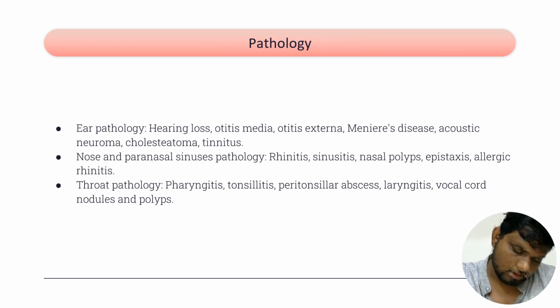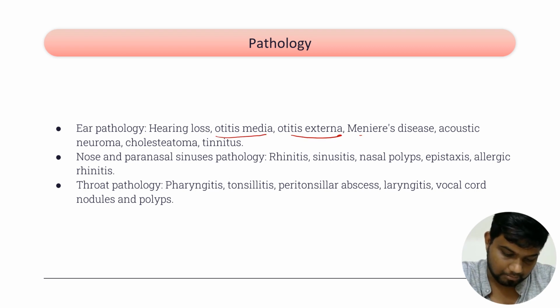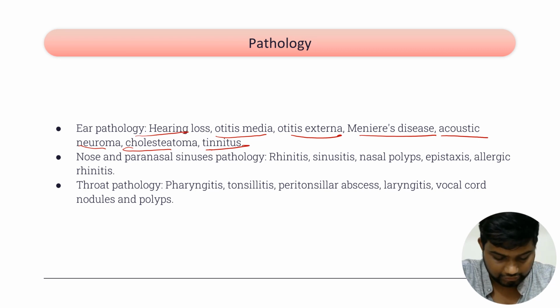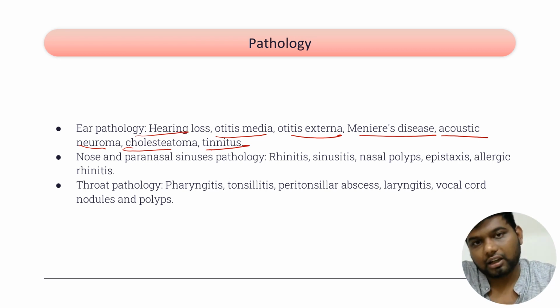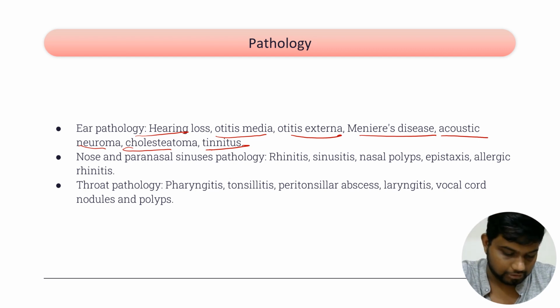Okay, then you have the pathology. Speaking about the pathology, you have to remember otitis media, otitis externa, Meniere's disease, acoustic neuroma, cholesteatoma, tinnitus, and hearing loss. Among that, whatever I mentioned in the previous slides, those four diseases you should not miss.